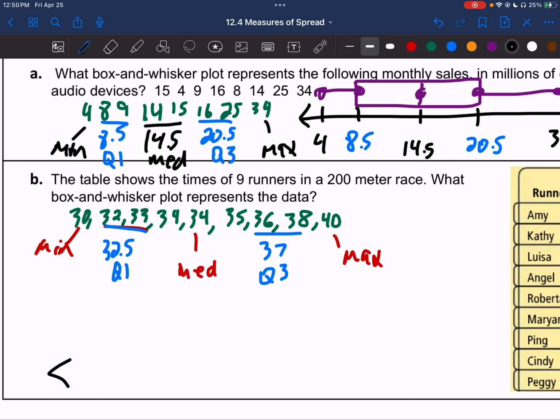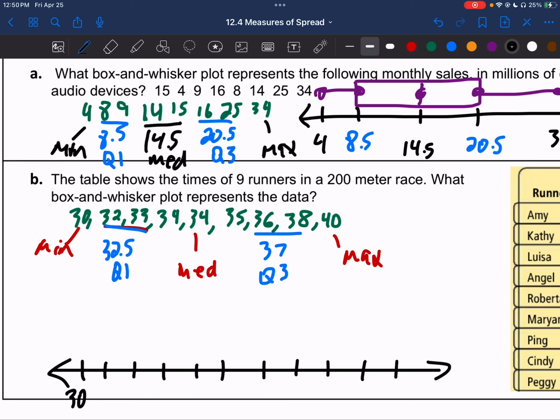So we have a number line, and we're going to do 30. So 31, 32, 33, 34, 35, 36, 37, 38, 39, 40, 41. Don't need 41, but we're going to use it anyways. So we place our max at 40, our min at 30, our median at 34.